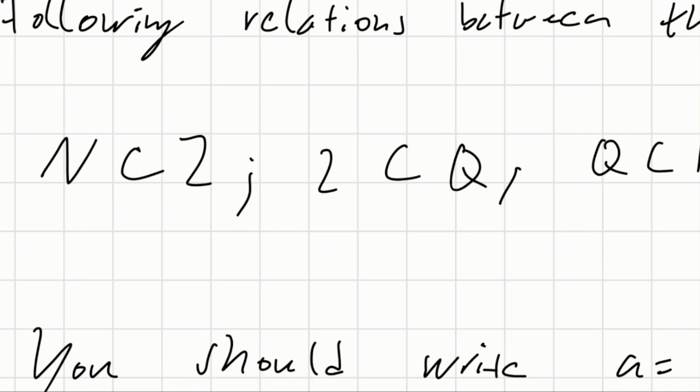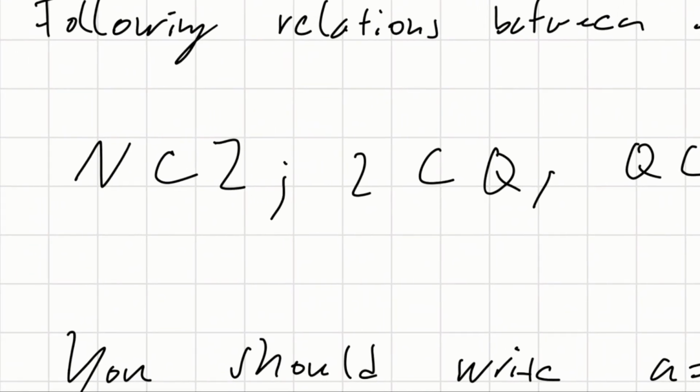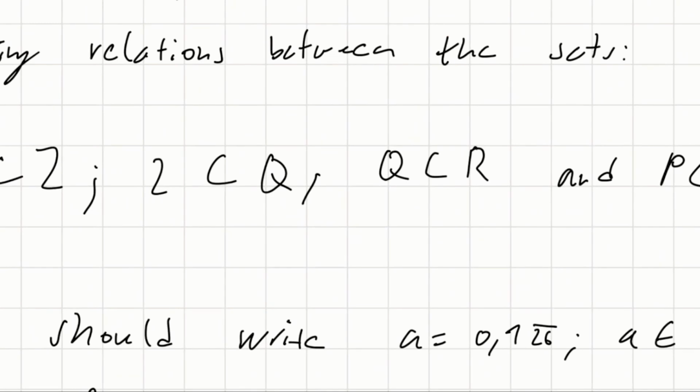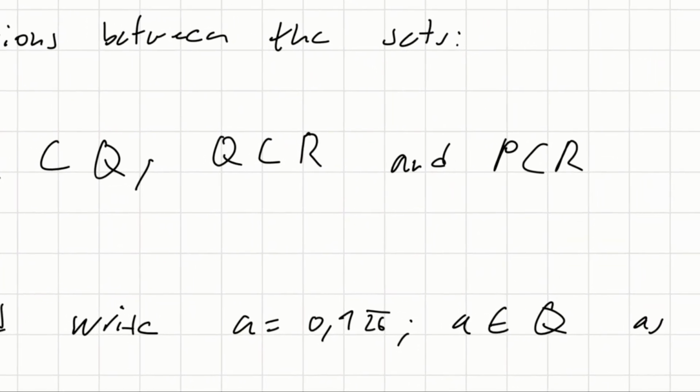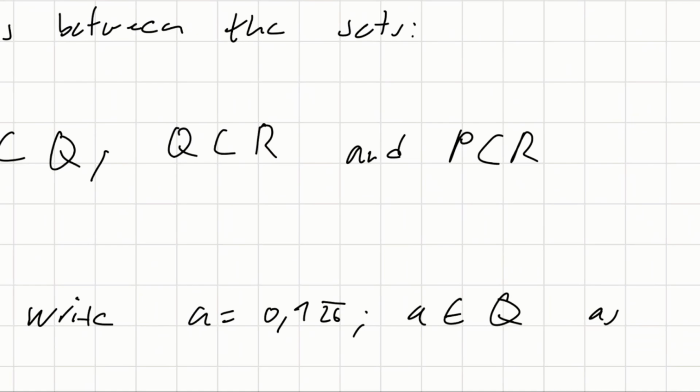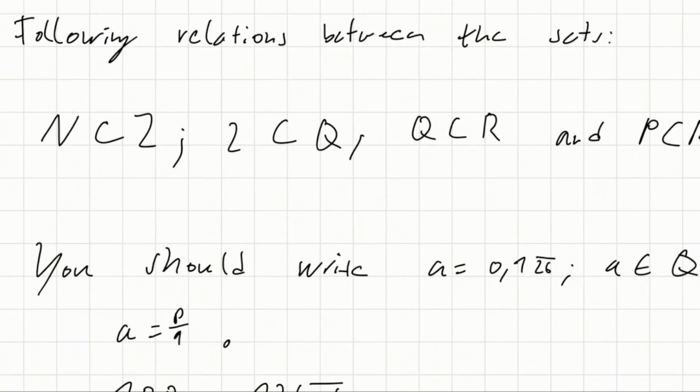Natural numbers are a subset of integers, the integers are a subset of the rational numbers, and the rational numbers are a subset of the real numbers, and the irrational numbers are a subset of the real numbers. But as I said in the last video about set theory, we don't need to write this. The natural numbers are a subset of the real numbers.